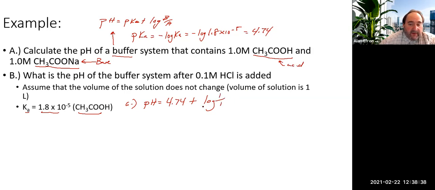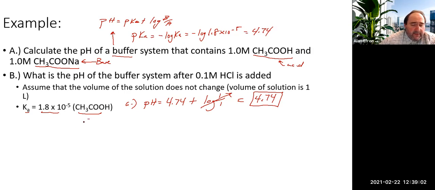And if you're familiar with that, that's the log of 0, which basically means that we would open up in this case with a pH of 4.74 for this buffer. Any questions on how I got to that number there? And again, because I recognize that it's a buffer, I went right into the Henderson-Hasselbalch equation.